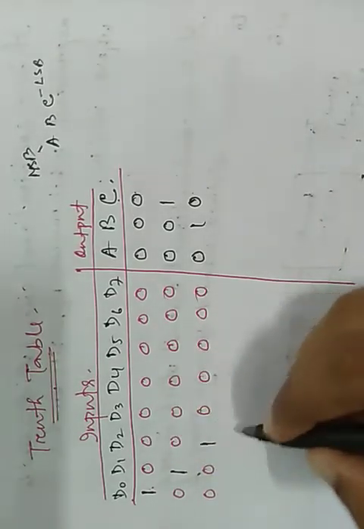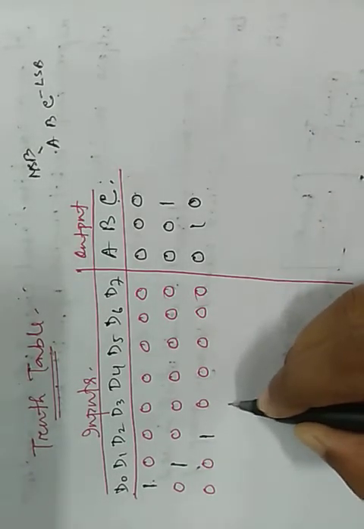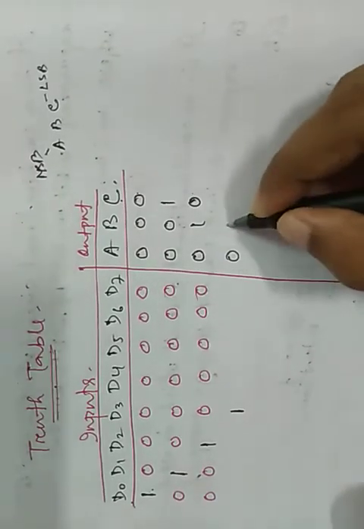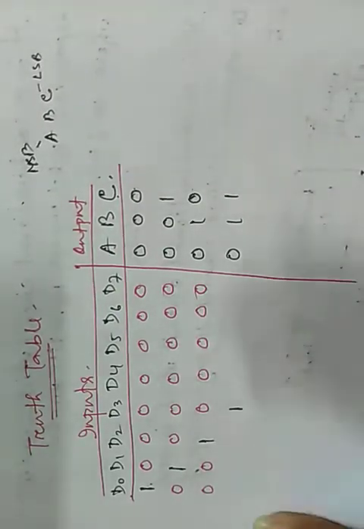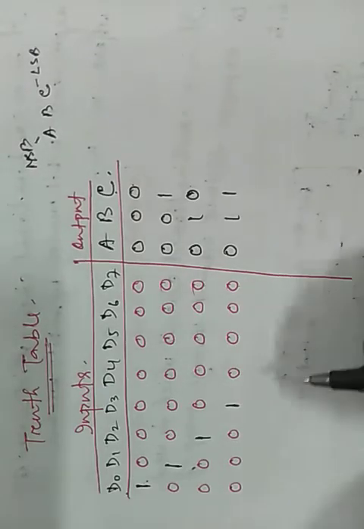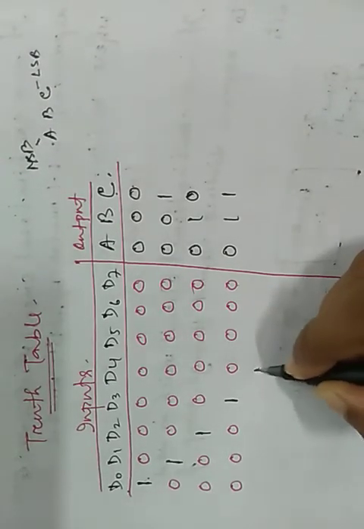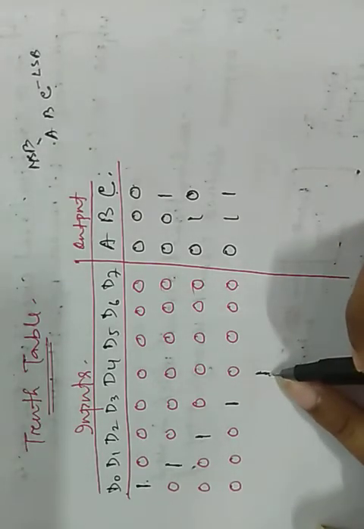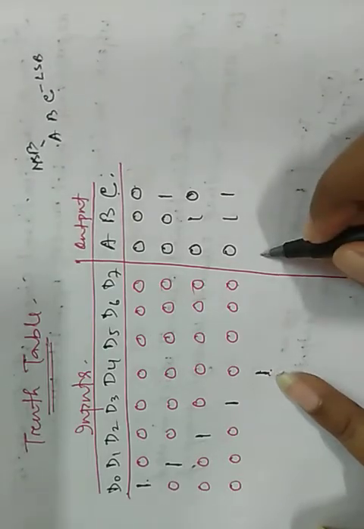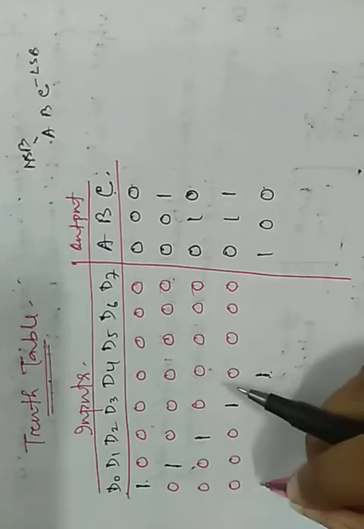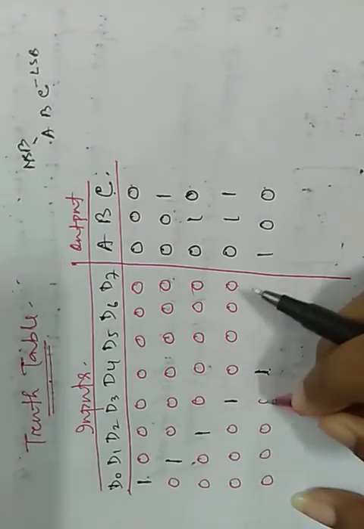Clear? When D3 is 1, then its output value is 0, 1, 1. Okay? All other values are 0. Whenever D4 is 1, that means whenever D4 is selected, then its output is 1, 0, 0, and all other input values are 0.